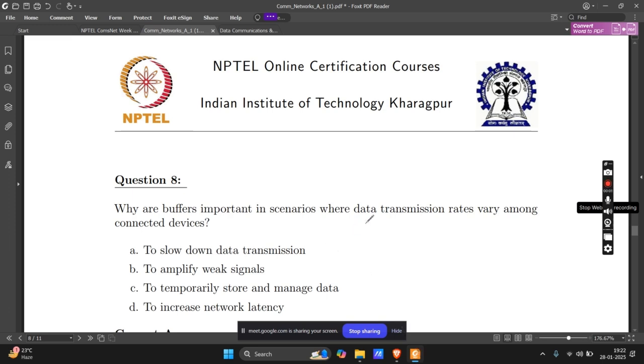Okay, so the next question is, why are buffers important in scenarios where data transmission rates vary among connected devices? So the devices are not sending their data at a fixed rate.